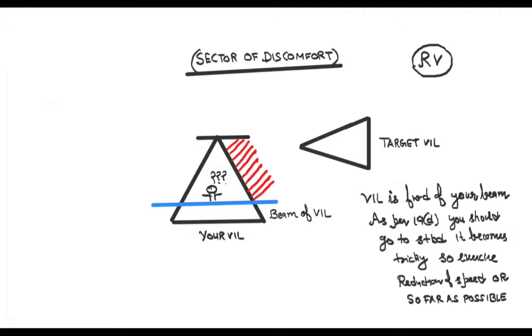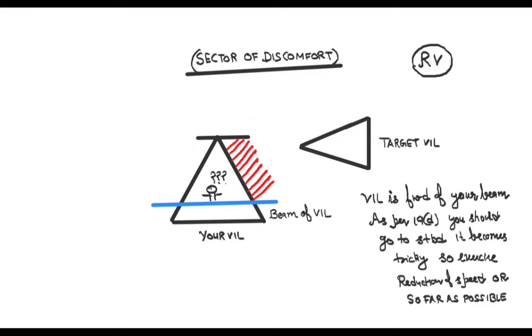Okay, now, if you see on your screen, it is the sector of discomfort. On the previous slide, I already told you that you are located at the center. So if you're located at the center, and if we are thinking that the blue line is the beam of your vessel, and the target vessel is on your starboard side, but in a very close quarter situation.